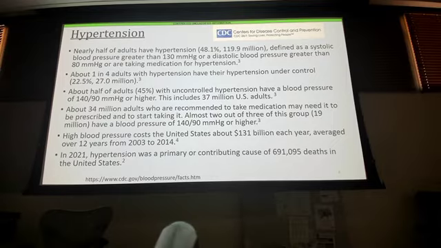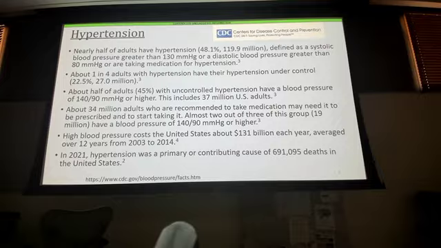So hypertension, so common, and we know it's one of the biggest risk factors for heart disease, but how common is it really in the United States? According to the CDC, they say hypertension affects nearly half of U.S. adults, okay? About 48.1% or 119 or 120 million adults in the United States have hypertension.